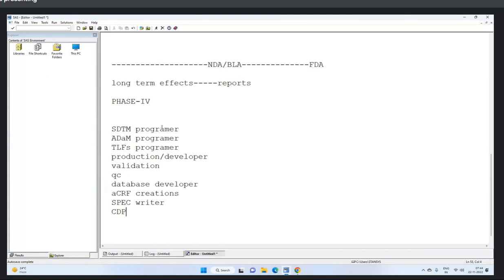What is the title you get? Some companies will call you a SAS programmer. Even though you are a clinical SAS programmer, they will simply call it SAS programmer. And some companies call it a statistical programmer. Some companies call it a clinical data analyst, or clinical SAS programmer.